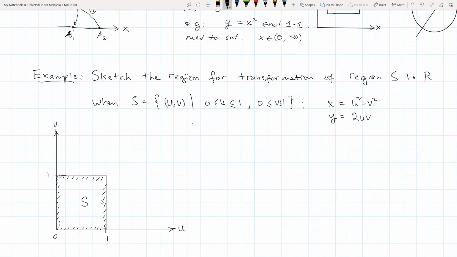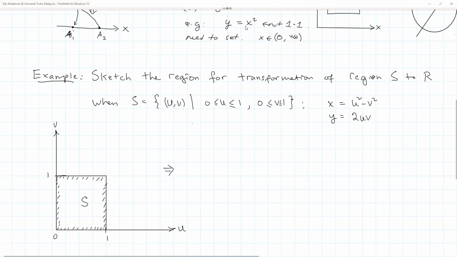So I want to change from S to R in Cartesian coordinate. Okay, actually, this is easy. If you see a rectangular region like this, you don't have to do the transformation. But if you see some weird region, then you can do the transformation. So I want to transform this into anything in X and Y axis.